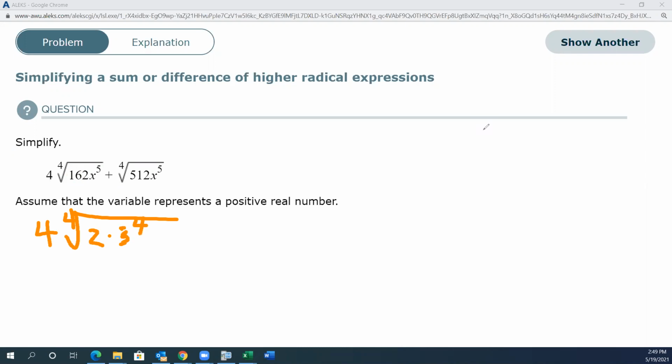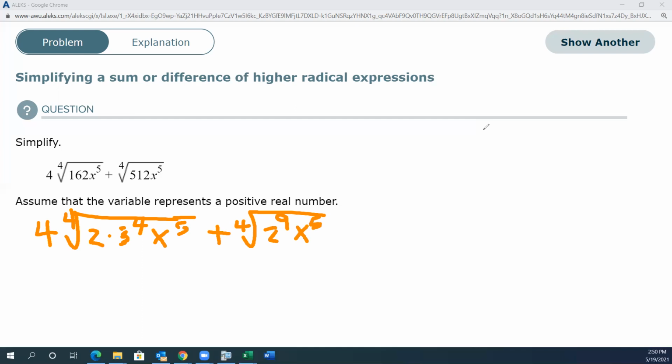And then there's that x to the 5th. And then the second radical is 4th root of 512, which is 2 to the 9th. I know only math nerds know that on the tip of their brain, thus proving I'm a math nerd.